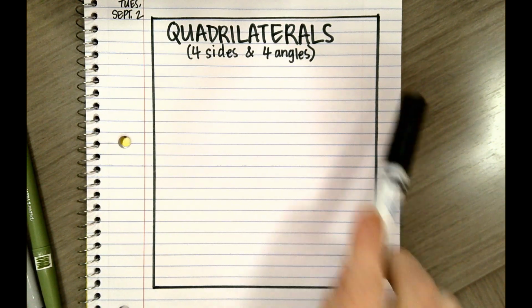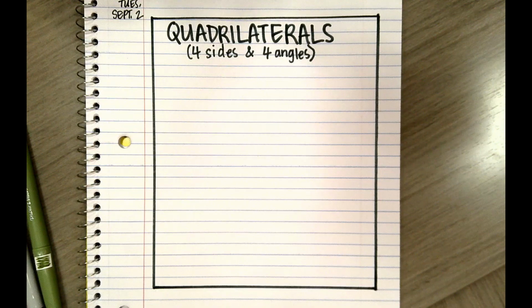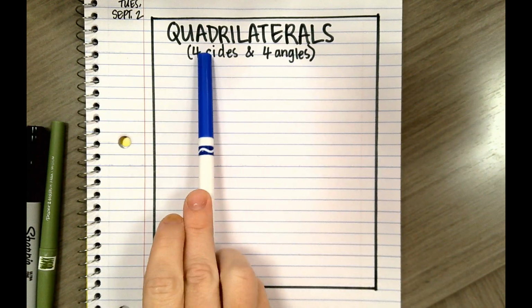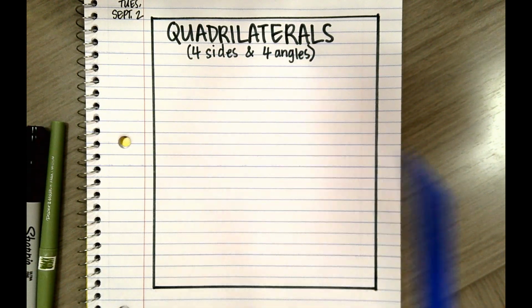Now, inside of this, and I'll give you guys a minute, inside of this, the next most specific type of quadrilateral is what we've been talking about, a parallelogram. So a parallelogram is a quadrilateral. It's got 4 sides and it's got 4 angles, but now it must also have 2 sets of sides that are parallel, and we will write that down here too.